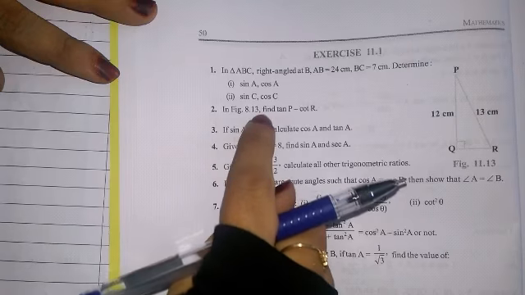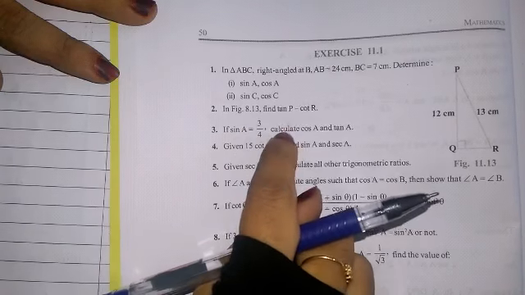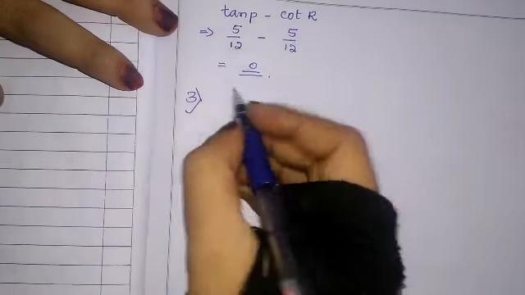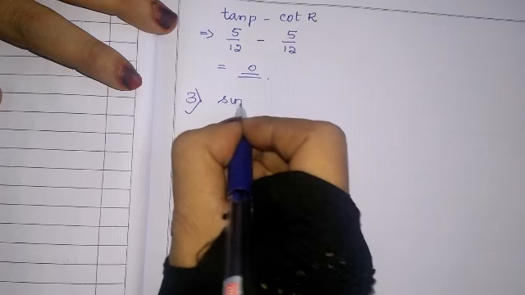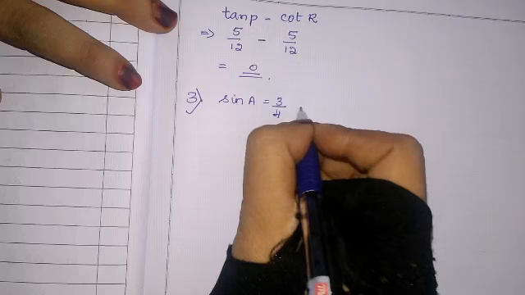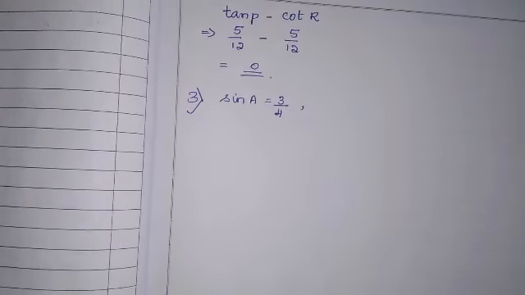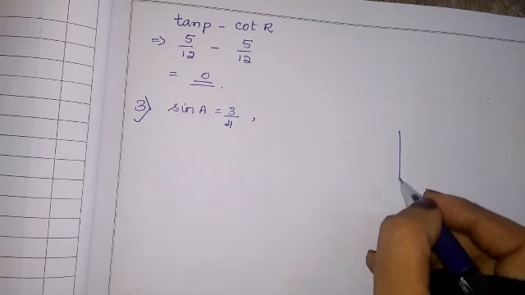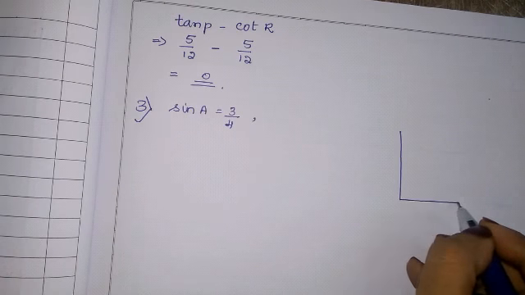If sin A is 3 by 4, find cos A and tan A. Let us draw the triangle, because we know sin means which side upon which side.